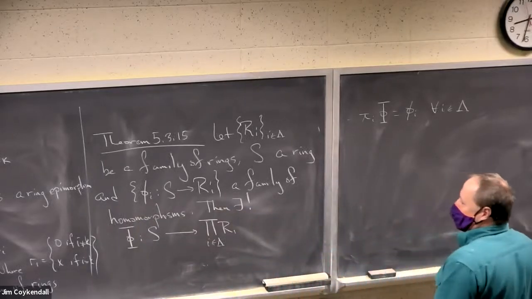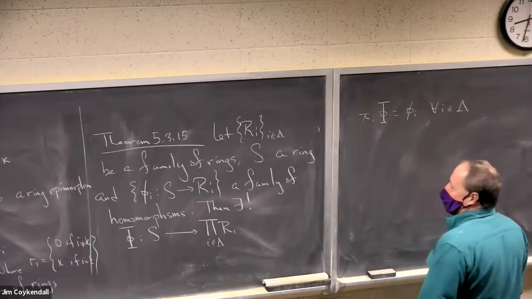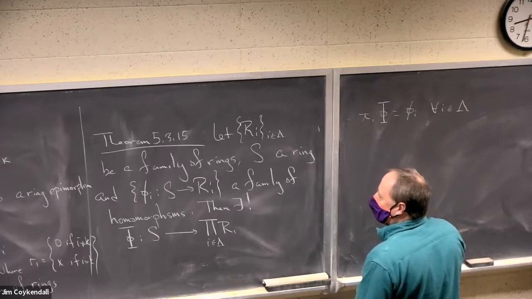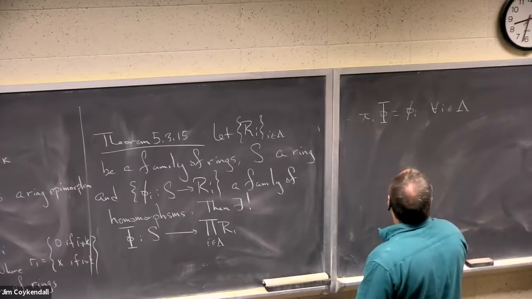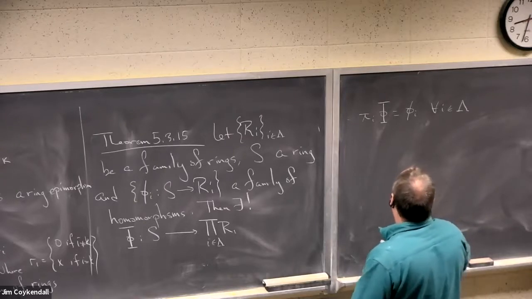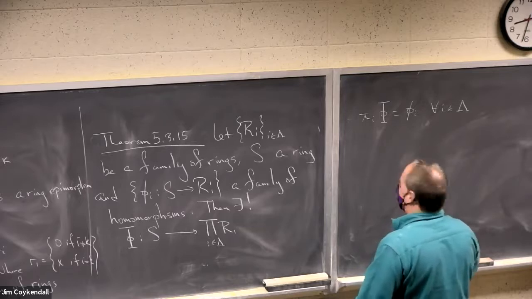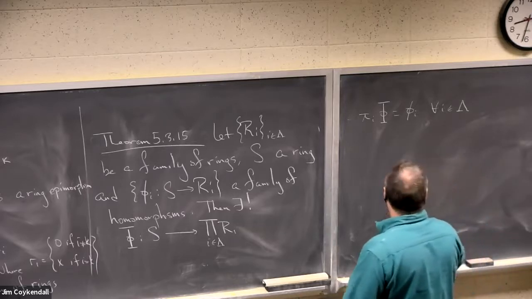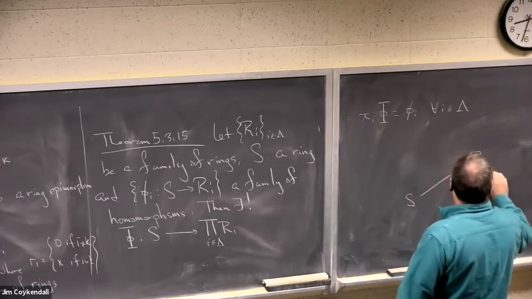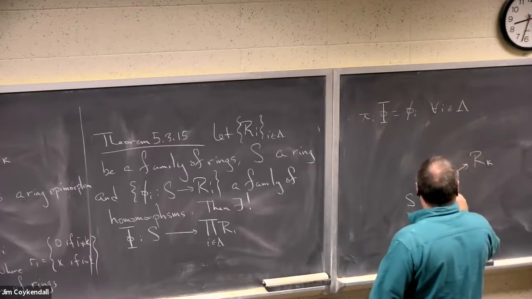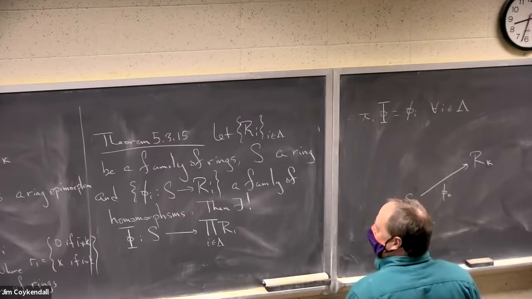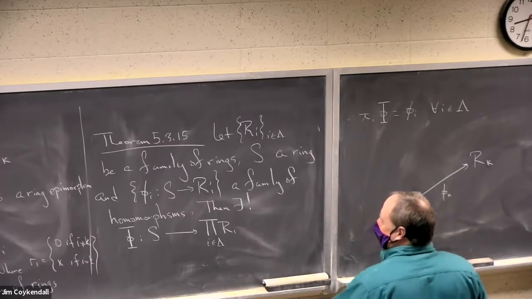so I do so love writing diagrams of this. So what we have is S, and what I have here is homomorphisms from S into R_i, and actually R_k. And what else do I have? I have projection maps.